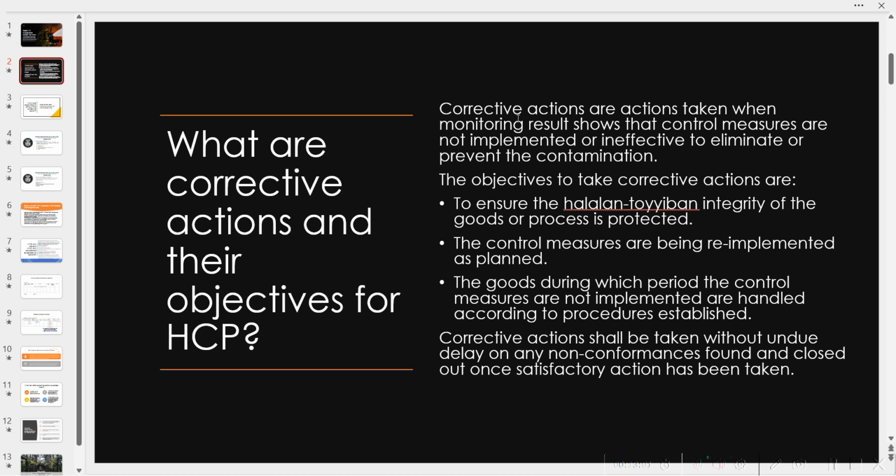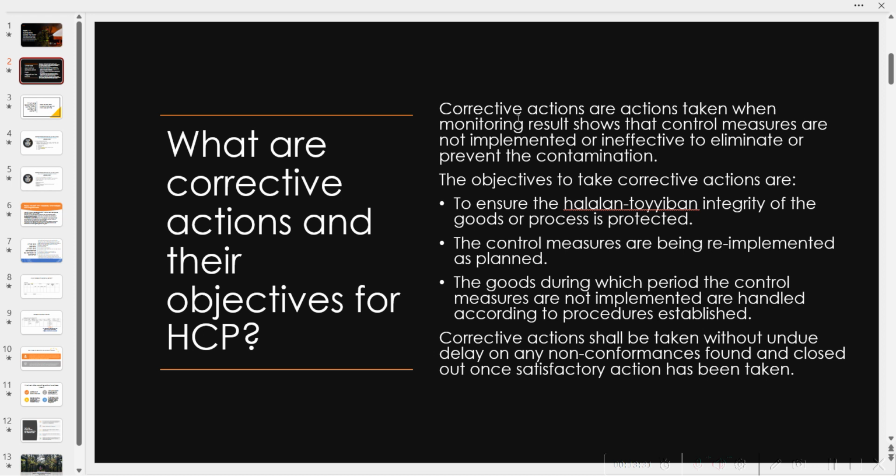As I mentioned, I simply take out the affected product from that chiller and relocate it to another chiller. That is the meaning of without undue delay. Kena buat pada waktu tersebut. That's why we call it corrective action. Another way I usually put it in my halal executive workshop: corrective action is what you take at that particular time to prevent the contamination from spreading.